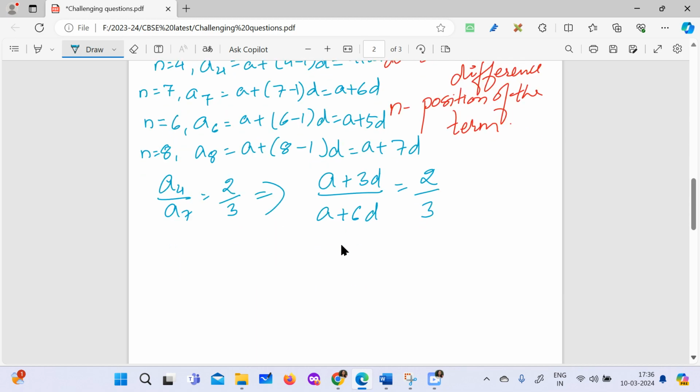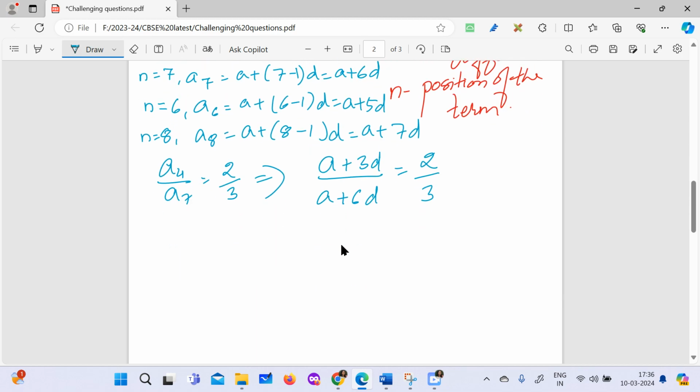Now what we can do is cross multiply. So 3 times a plus 3d will give you 2 times a plus 6d, and hence you have 3a plus 9d equals 2a plus 12d.